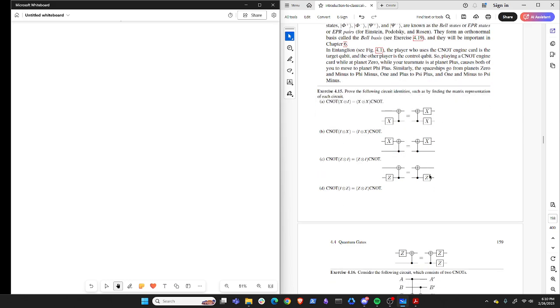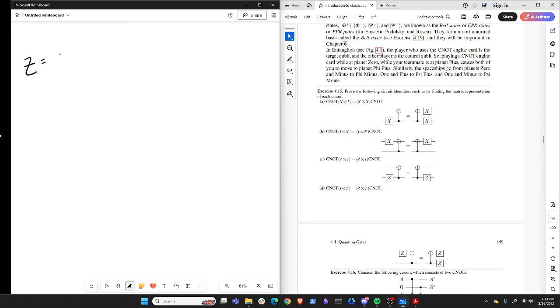We can take a look at one of these circuit identities. Let's look at D, because we haven't used Z gates today. We covered them a fair amount yesterday, but we have yet to mess around with the Z gate. So Z gate, I sometimes use those interchangeably.